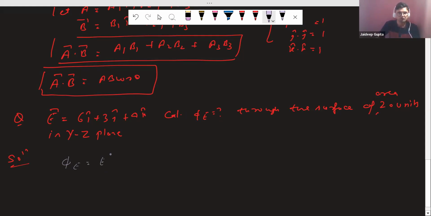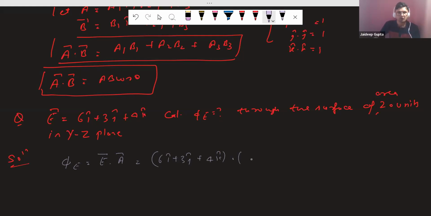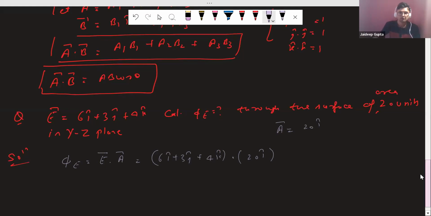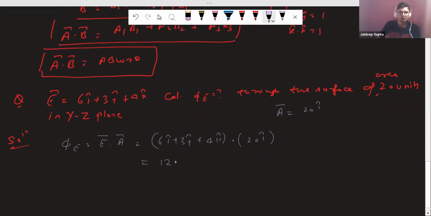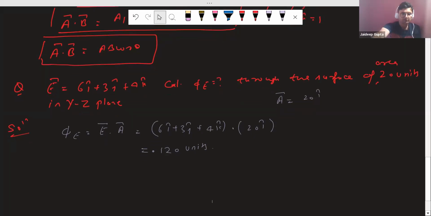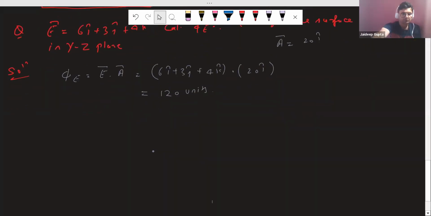Phi equals E dot A, where A is the area. So (6I cap, 3J cap plus 4K cap) dot product 20 I cap, because the area vector equals 20 I, would be 120. Okay. Is it fine till here, Iram? Yes, sir.